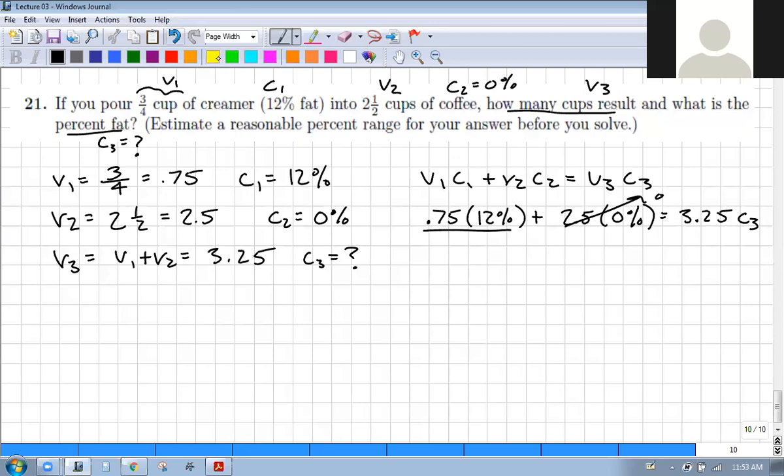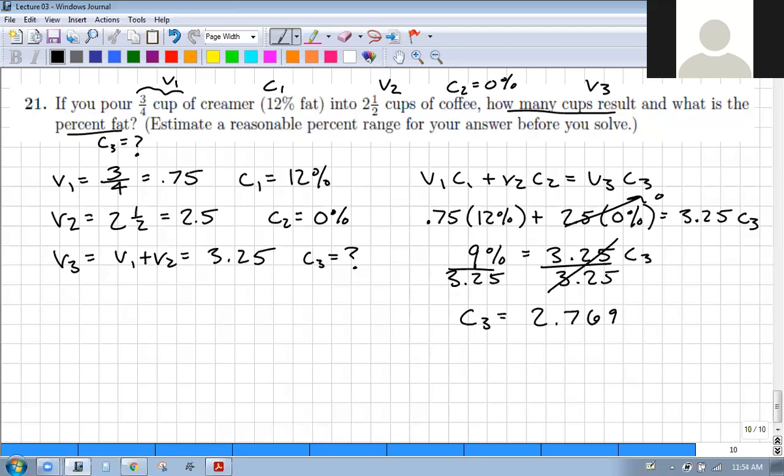So this right here is 9, equals 3.25 C3. To get the C3 by itself, divide both sides by 3.25. So we have 9 divided by 3.25 equals 2.769%. So yeah, we did pretty good at estimating there. It's pretty close to 3. Any questions on this one? Just like the other two.